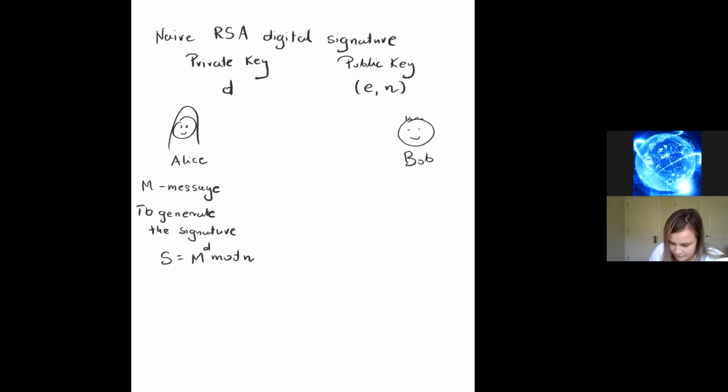So she sends the message together with the attached signature to Bob.